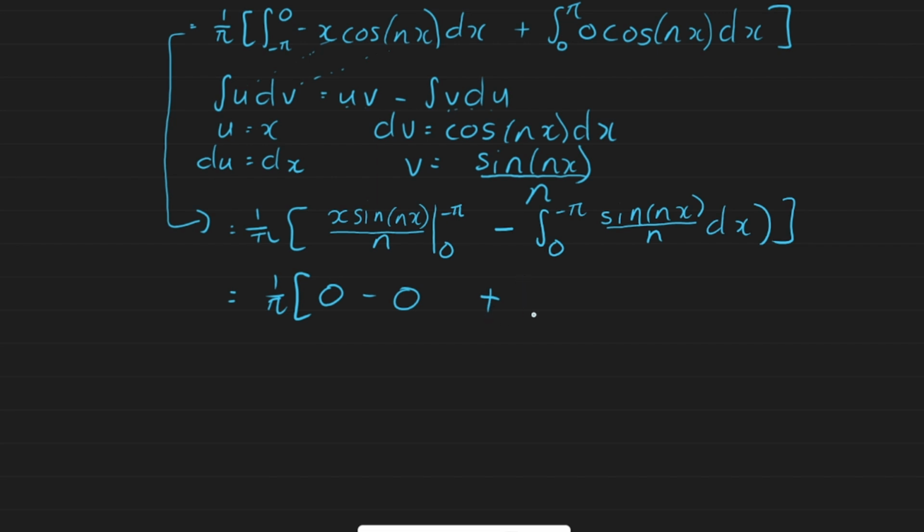So long story short, it's going to become plus. So we're going to have cos nx divided by n squared from 0 to minus pi.